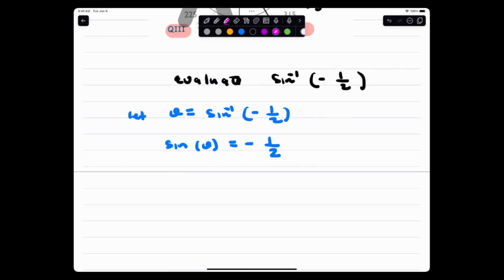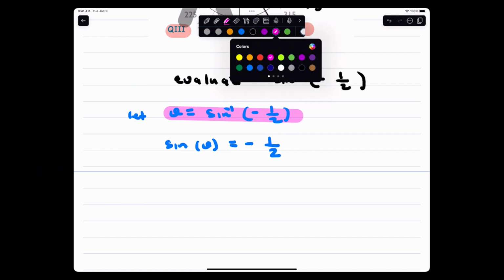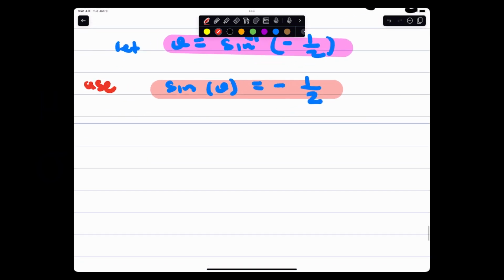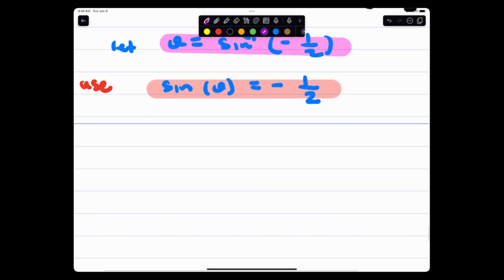Okay, so you're going to say, use that pink definition. Well, from the pink definition, we always use this. I wrote that in your definition. And then you go, but this is negative. I know, go to the positive quadrant 1 answer.